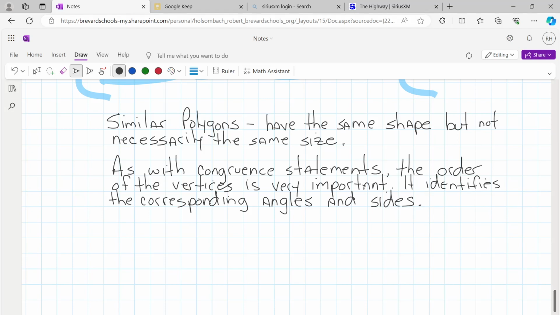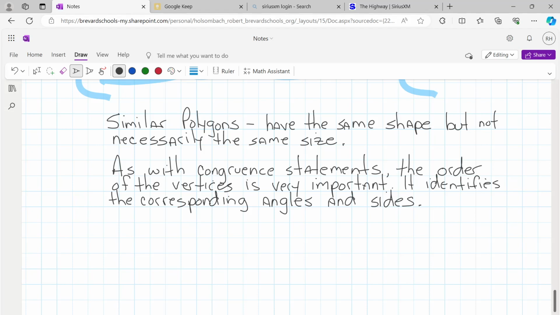Now, you've written congruence statements this year, and you've already listed pairs of congruent angles and pairs of congruent sides. And you're basically going to be doing the same thing today, except we're going to be using the word similar.